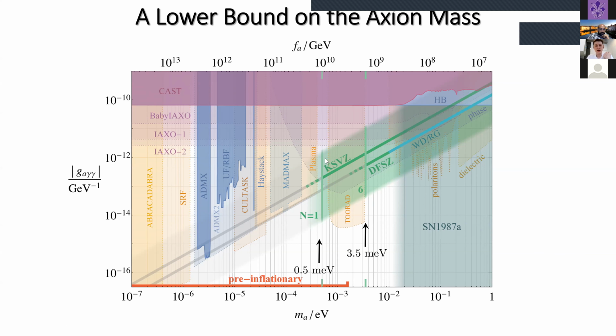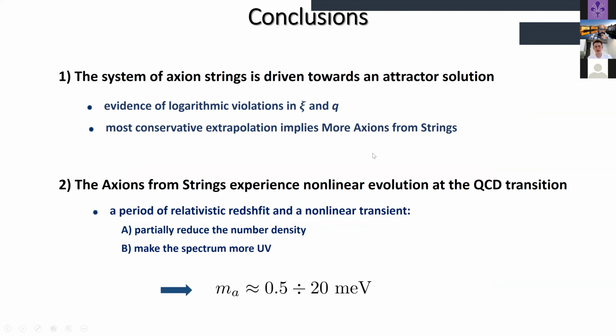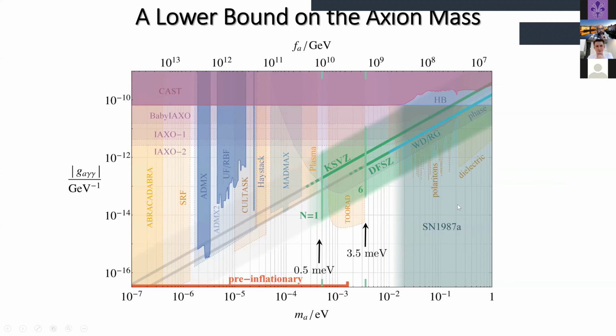If it is enhancing it, it will make the bound even stronger, and maybe this green band. On the other hand, if the number density from the walls is negligible, then these are actually predictions for this scenario. So, concluding, we've shown several things.